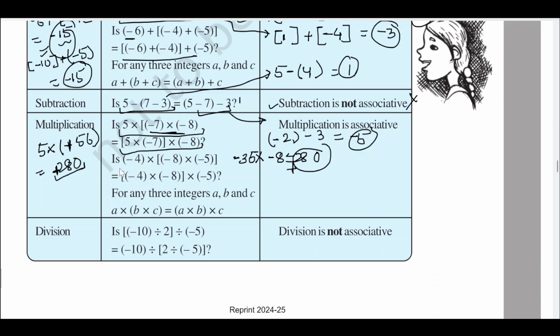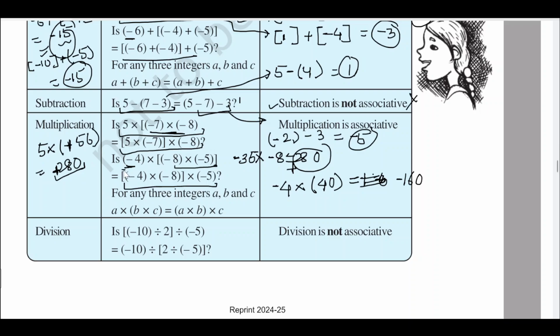We will understand with another example also. Okay. Here A is minus 4, B and C are minus 8 and minus 5. So we will try to solve. So minus 4 into, inside bracket, minus 8 into minus 5, that is minus minus will cut out. We will get 40, so minus 4 into 40 is minus 160. And RHS side, what we will get?